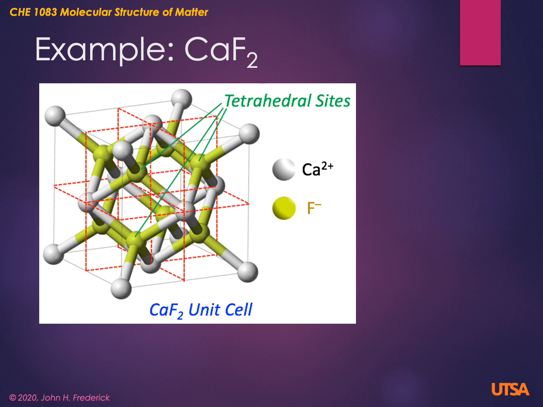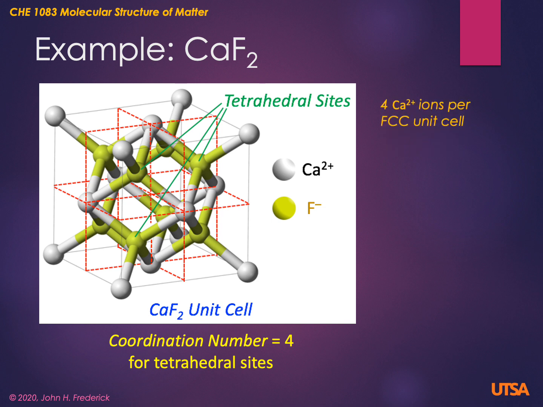And the fluorides are all located in the tetrahedral sites. Look carefully: each of the fluoride ions is at the center of one of the little boxes inside the big cubic box. The big cubic box contains 8 of those smaller cubes, and there are 8 fluoride ions, one in each of those smaller boxes. So the coordination number is 4 for these tetrahedral sites.